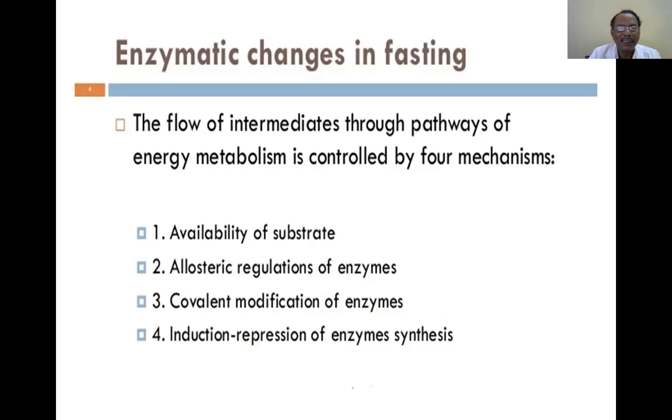And these various paths are controlled by 4 mechanisms. One is availability of substrates, that is the carbohydrate, lipid, or protein. And allosteric regulation of enzymes, covalent modification of enzymes, and induction and repression of enzyme synthesis. These 4 mechanisms control it.